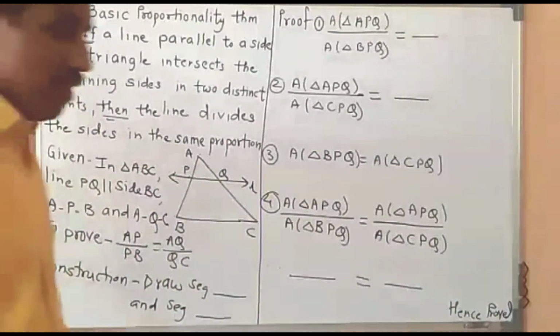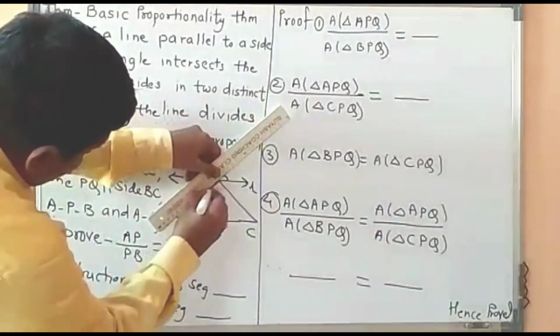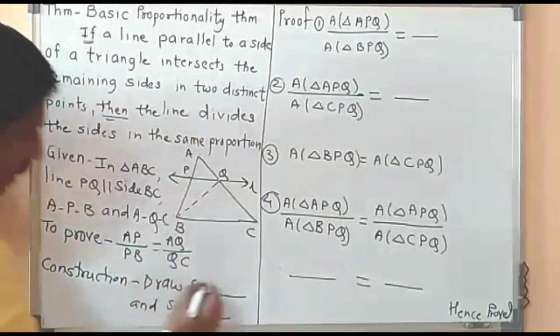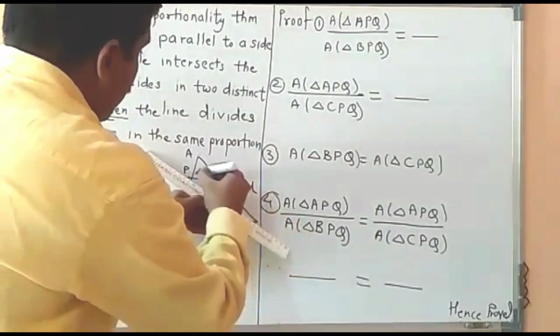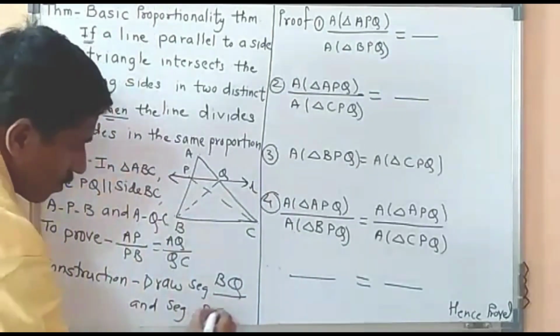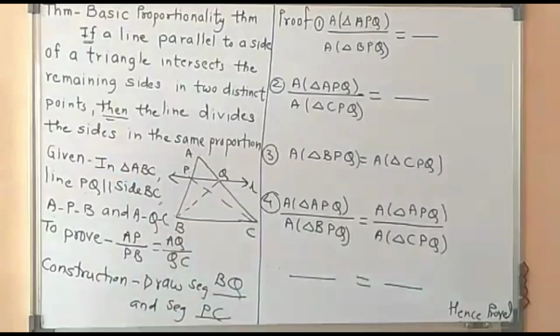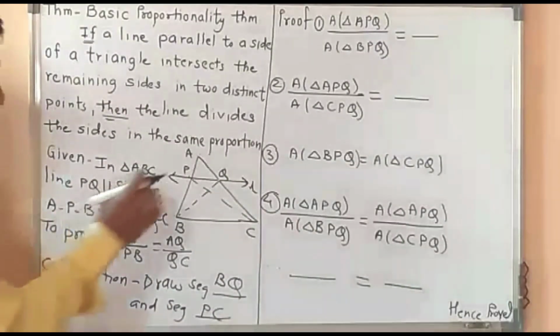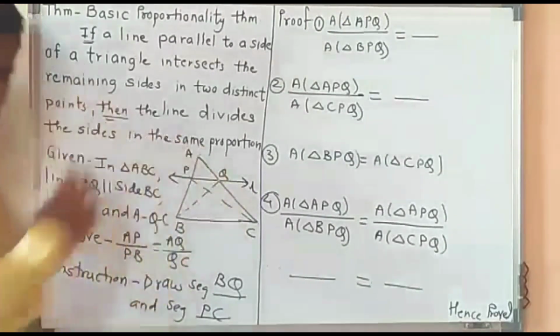So we'll carry out one construction. Draw segment BQ and segment PC. Now we'll use the previous property, that is the ratio of areas of two triangles. Here first I will use triangle APQ and triangle BPQ.